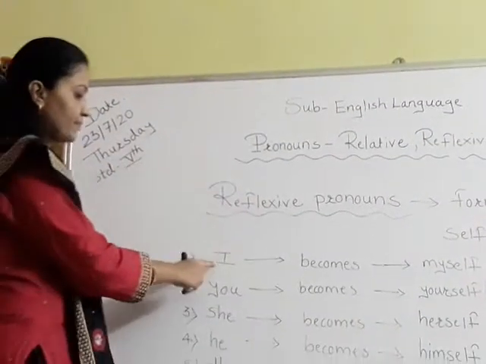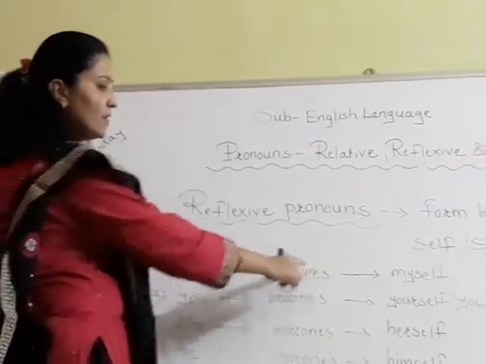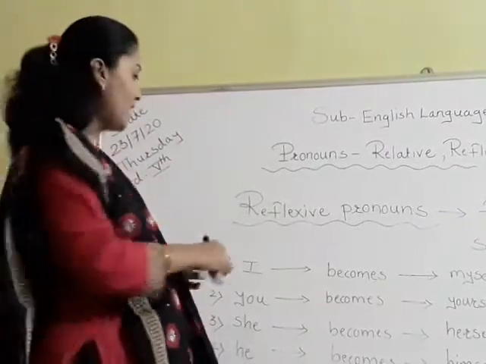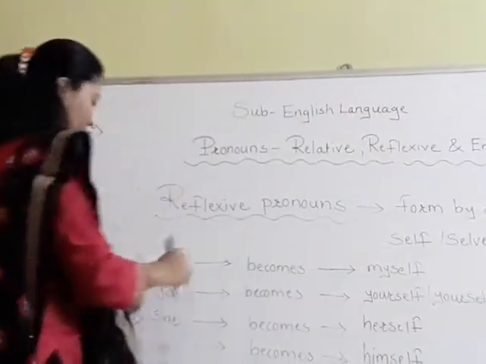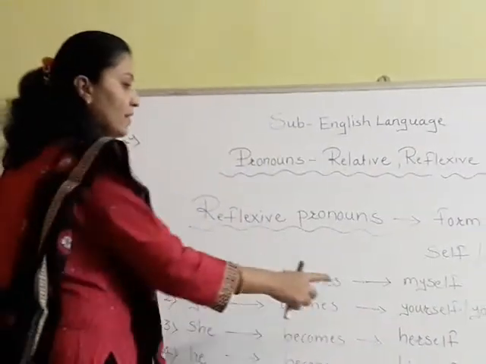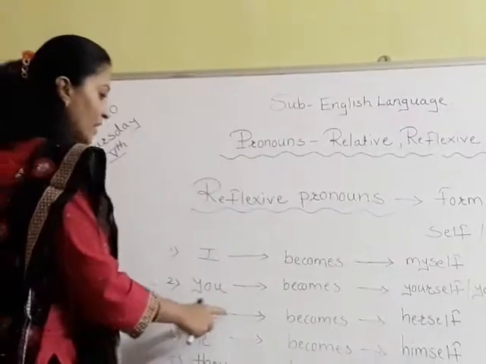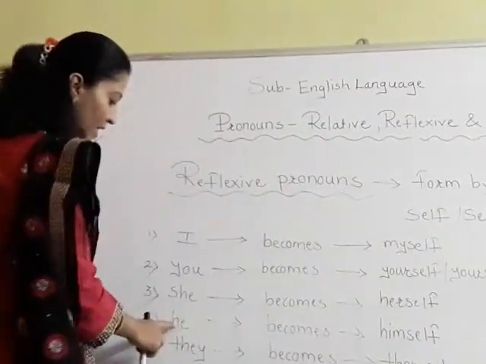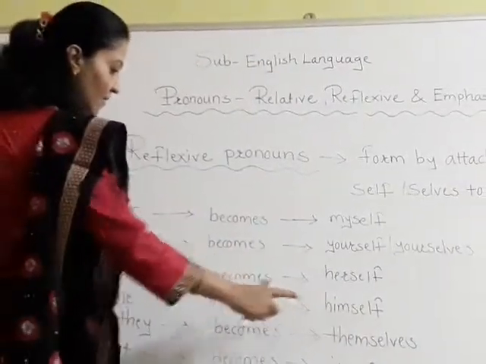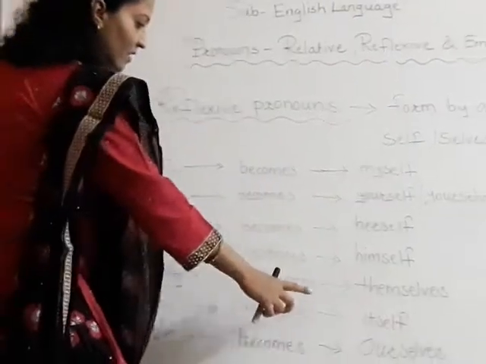If we are writing I, it becomes myself. When we are writing about the reflexive pronouns, I becomes myself, you becomes yourself or yourselves. Then she becomes herself, he becomes himself, they becomes themselves, it becomes itself, we becomes ourselves.